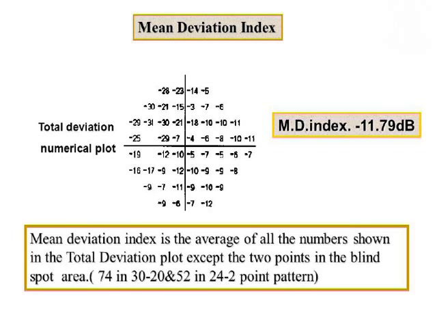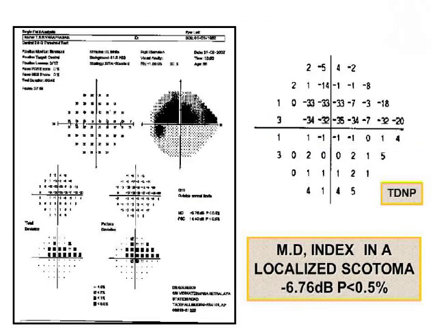The most important concept of mean deviation index: the mean deviation index in a localized scotoma versus the mean deviation index in generalized depression. Take for example this case, the mean deviation index is around 6 to 7 dB.